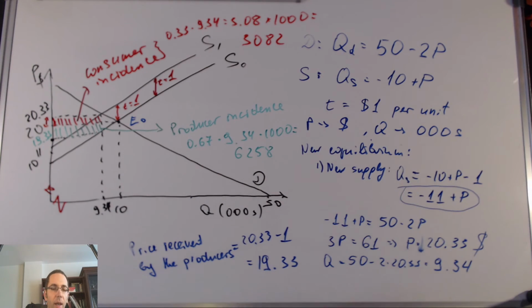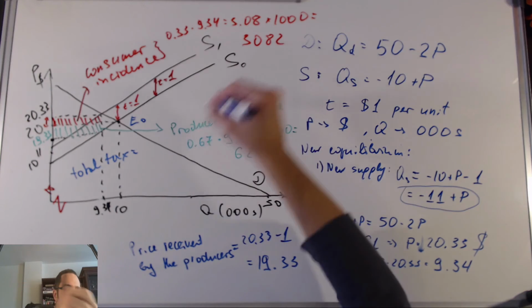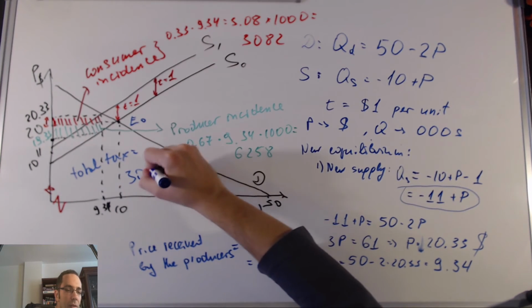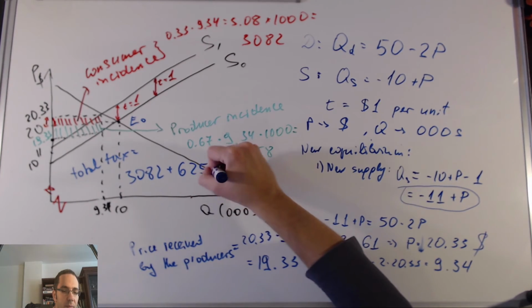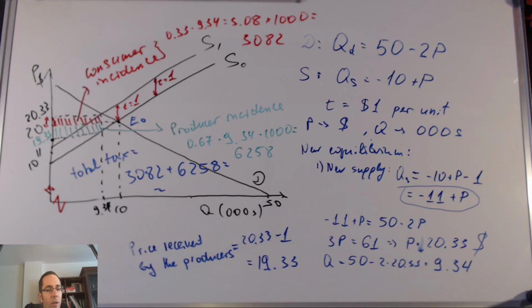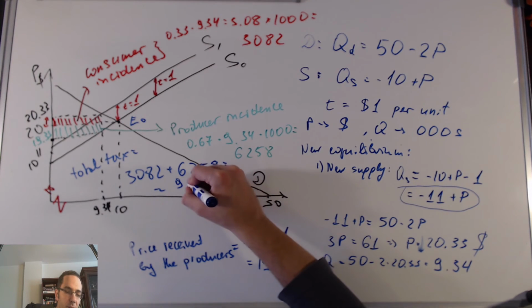And if we sum these up, we get that the total tax collected by the government would be equal to 3,082 plus 6,258, which would be, again, let me just use a calculator to make sure I don't make a fool of myself, 9,340.